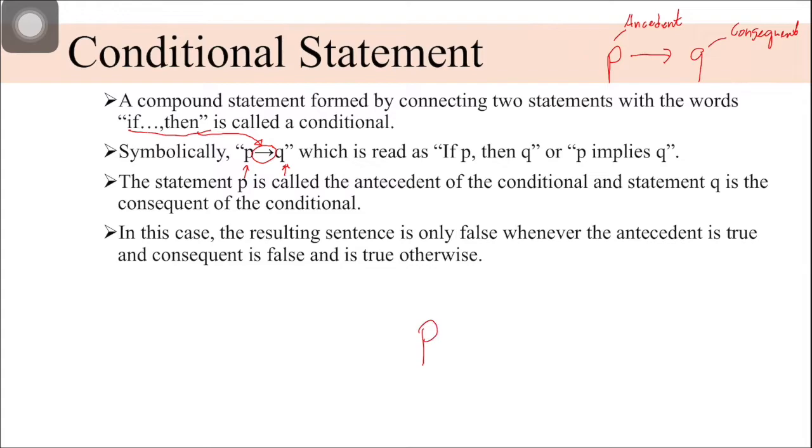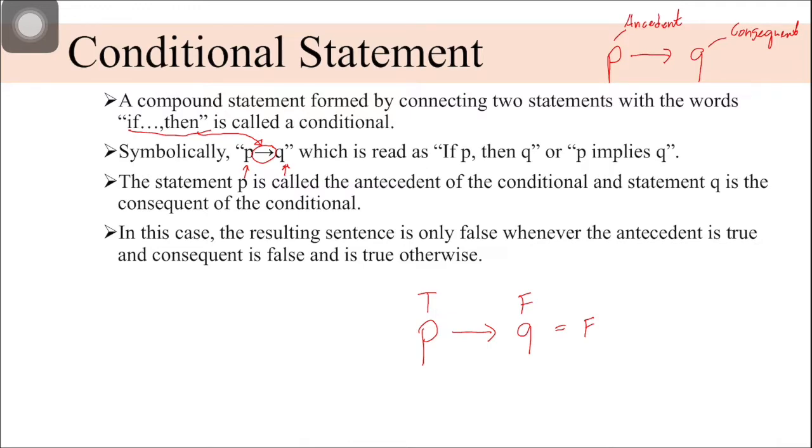If you have statement P implies Q, connected by the words if, then, the resulting sentence is false whenever the antecedent is true and the consequent is false, and true otherwise.